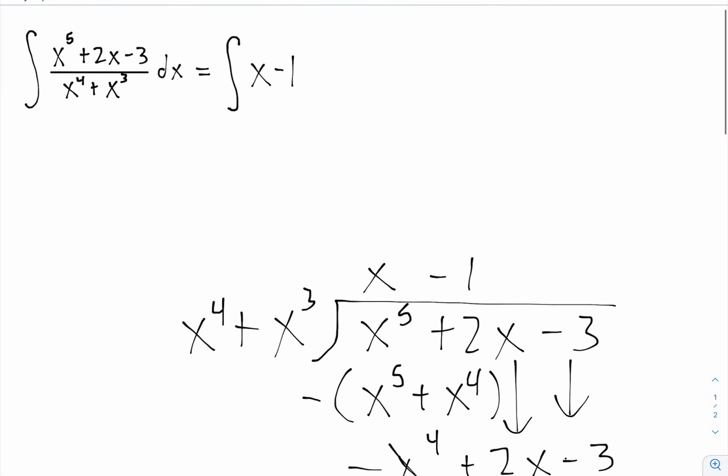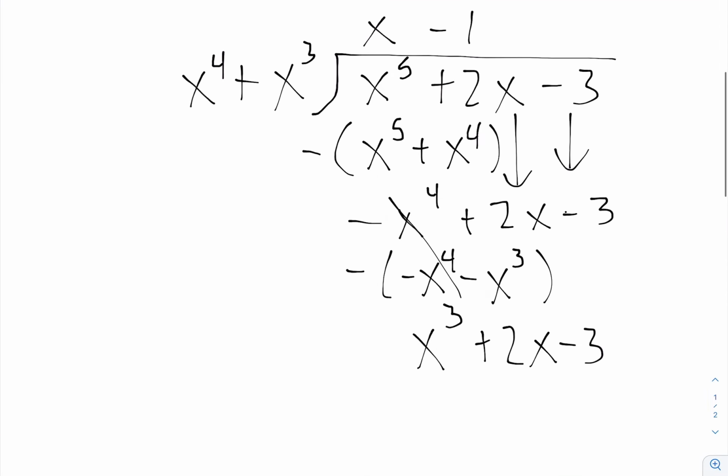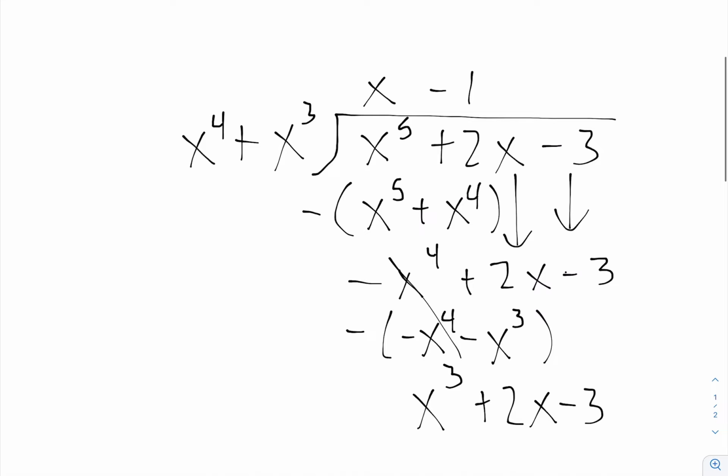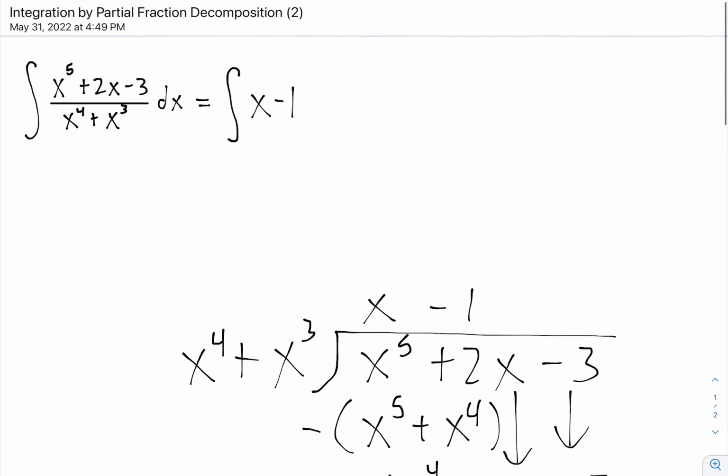And then we're left with this, our remainder. Whatever we have as our remainder, we take that remainder and divide it by what we're dividing the whole thing by. So the whole quotient is x minus 1, but we have to add this remainder over the divisor. That's just a property of long division.